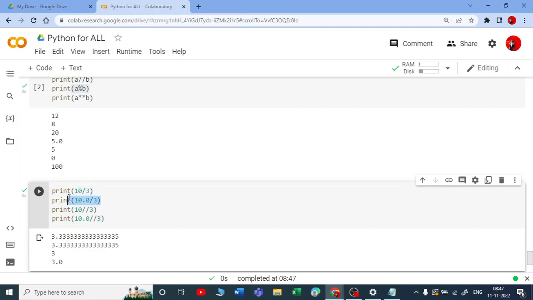Without looking, without saying anything, you can easily say that these two are float. The third is an integer, you can see the output here, and this is in float. Beautiful. Can you see the difference?